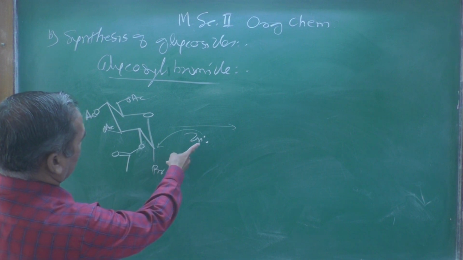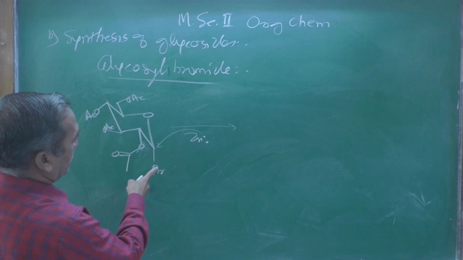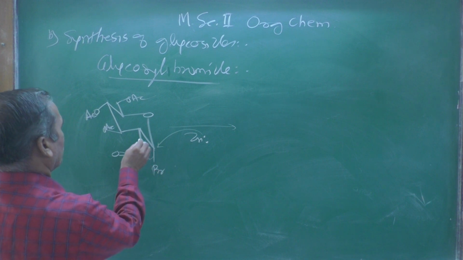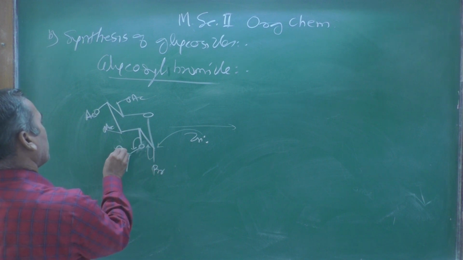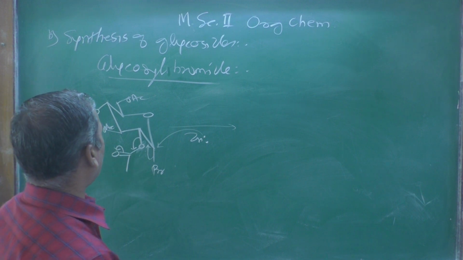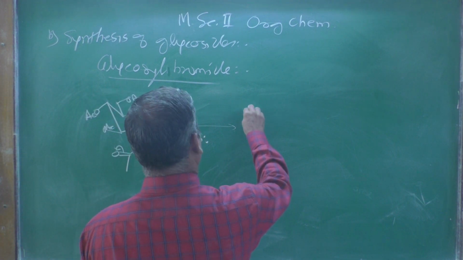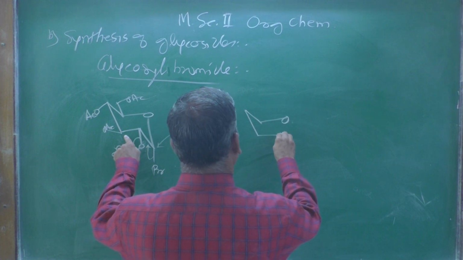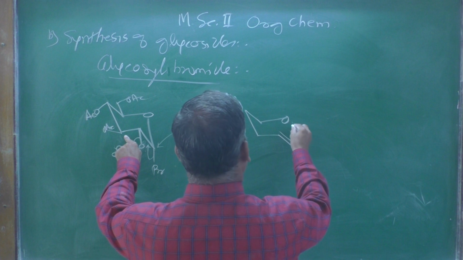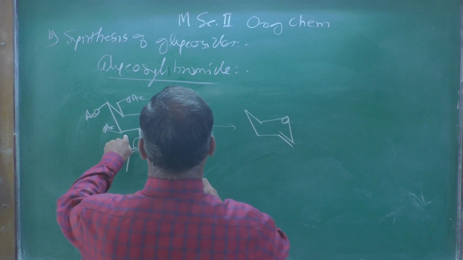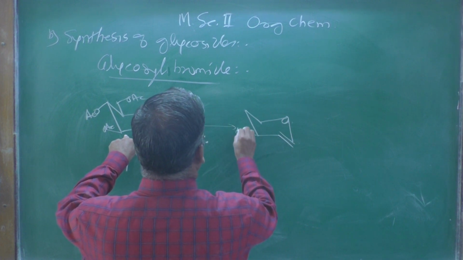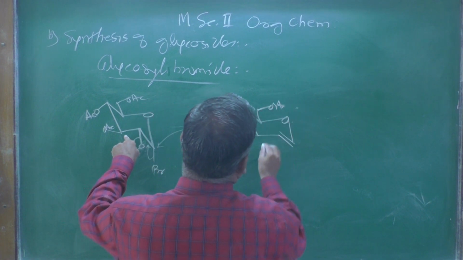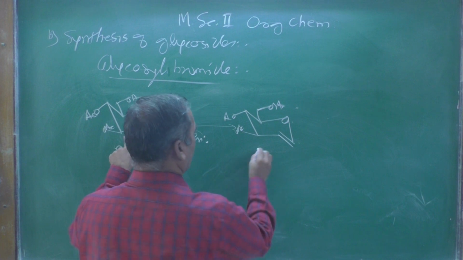Now this Zn attacks, the bromine is eliminated and forms a double bond over there, so that you are going to get the compound over here, this one, then the double bond, and now OAc, and the other is OAc.